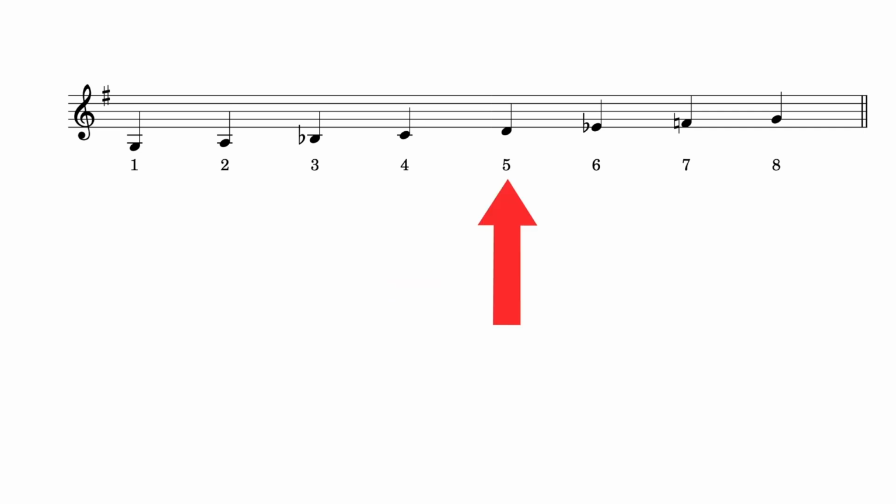These notes are the same. Here is the 6th degree, or the 6th note of the scale. We lower that one, and the 7th. And so now we have the parallel minor of G major, which is G minor.